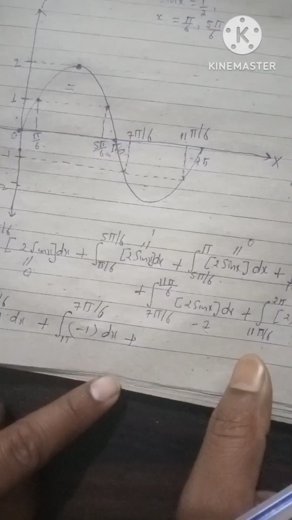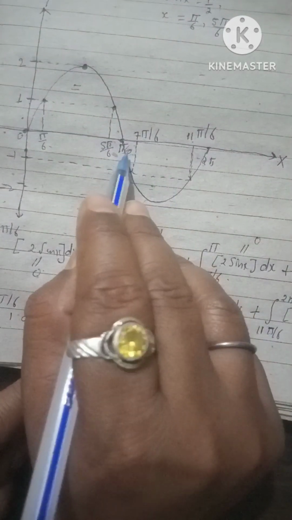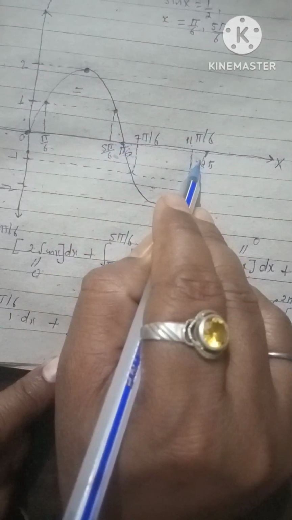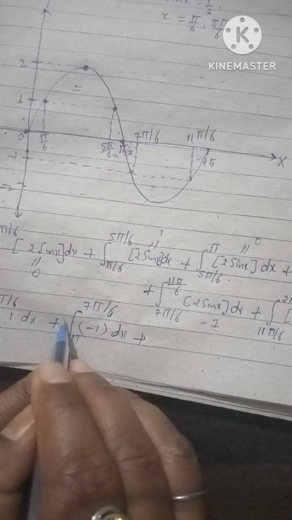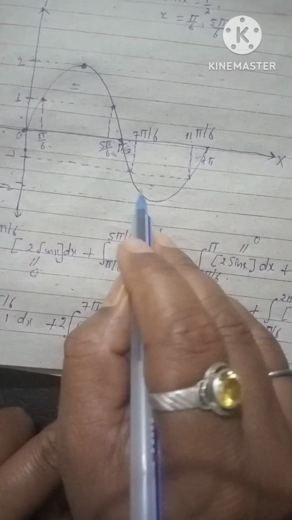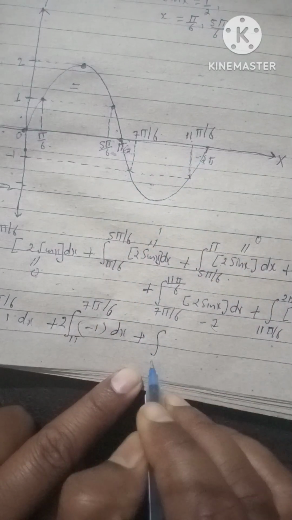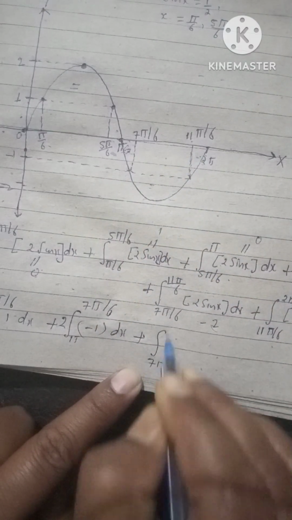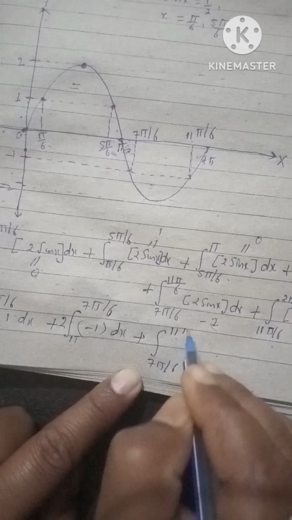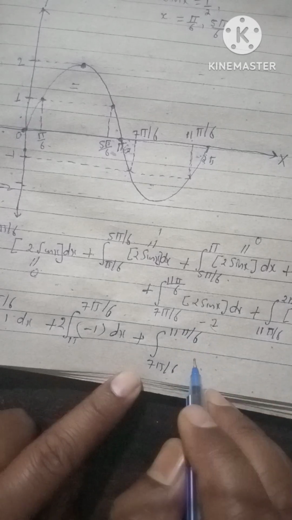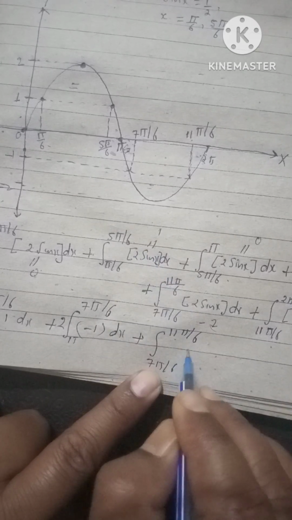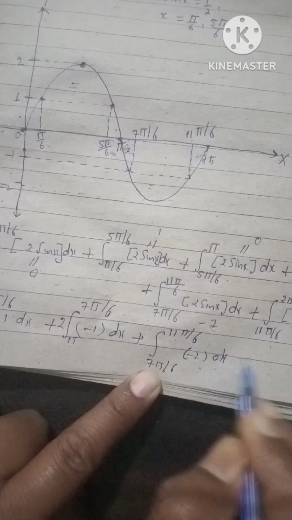Plus we multiply by 2 because the same area is like this, and we find the integration with limits from 7 pi by 6 to 11 pi by 6 of minus 2 dx.